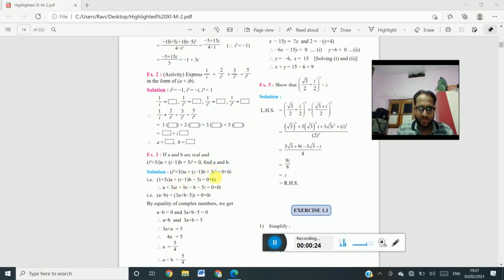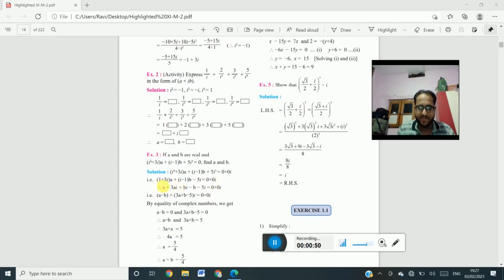Okay, so consider this, and the right side is written as 0 plus 0i, right, and the left side is as it is. Then see here, i to the power 4 is 1, so 1 plus 3i into (a plus i) minus 1 of b minus 5i cube is equal to 0 plus 0i.